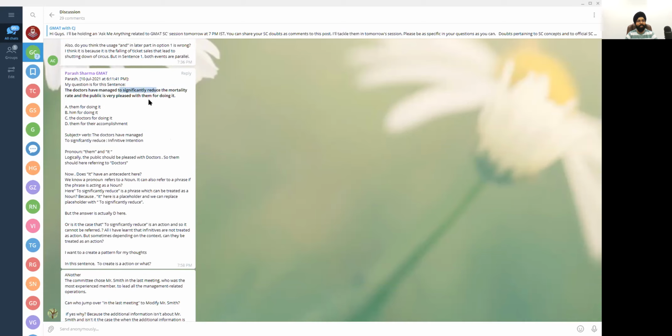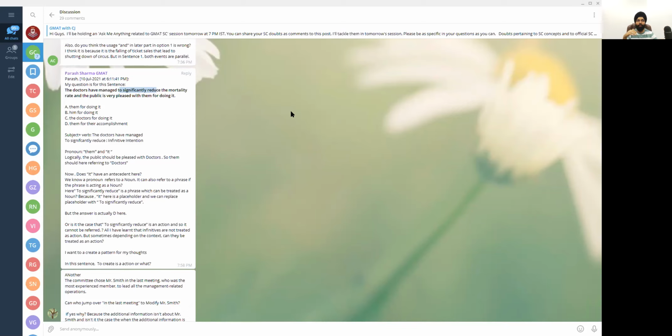The public is very pleased with them for doing to significantly reduce, right? It is trying to refer to an idea of reducing, right? But there is no such noun there, which is depicting the idea of reducing. So it cannot stand for any noun.